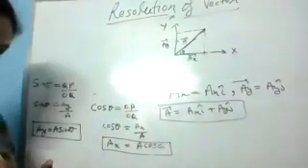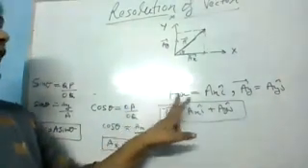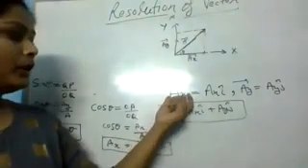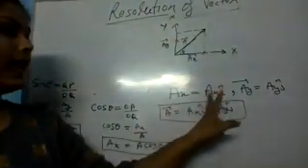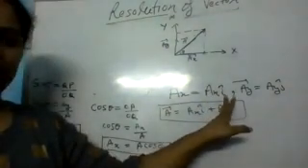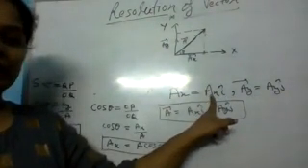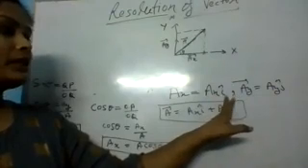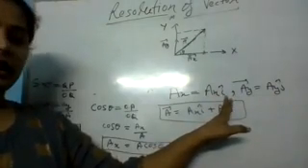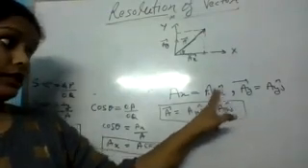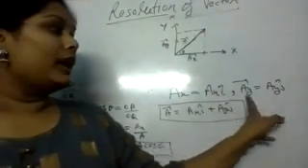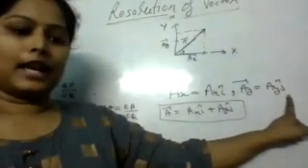यहाँ तक बात clear है? Now, AX vector, that is the component of A vector in X direction, is represented as AX I cap. AX represent कर रहा है magnitude को and I cap is representing direction. I told you about orthogonal unit vector. So this is in X direction. AY vector equals AY J cap.